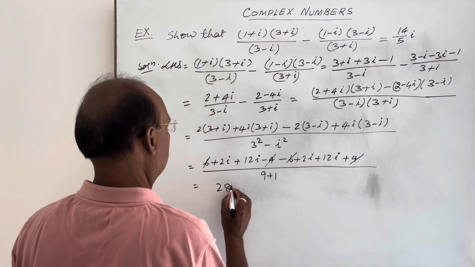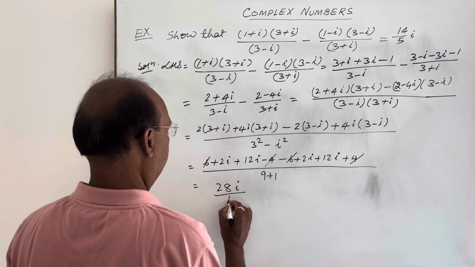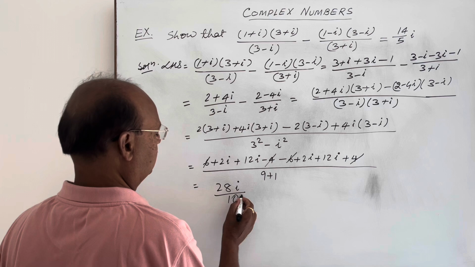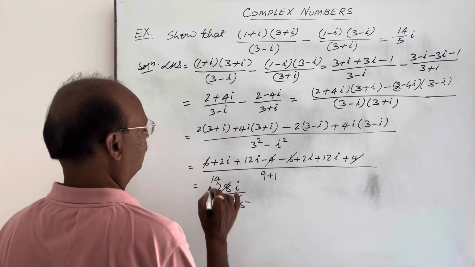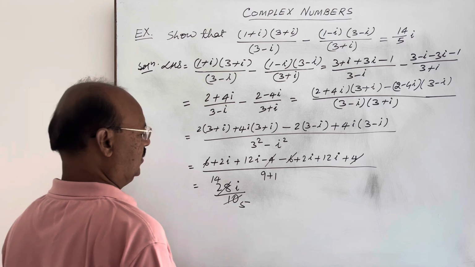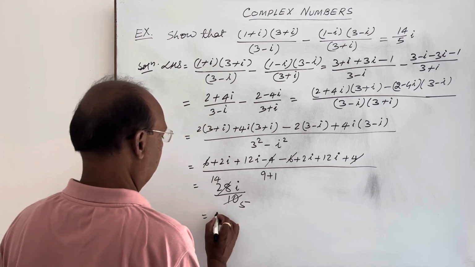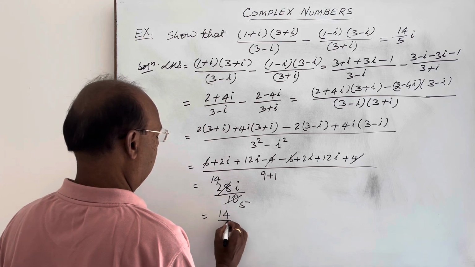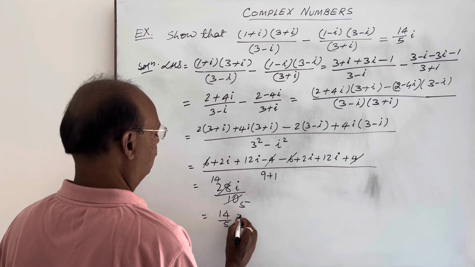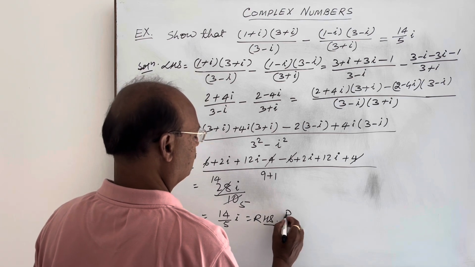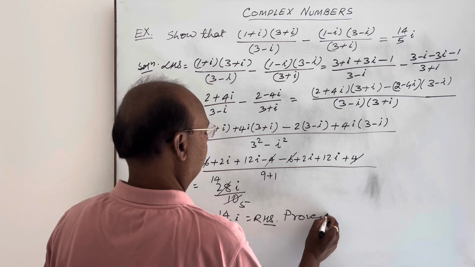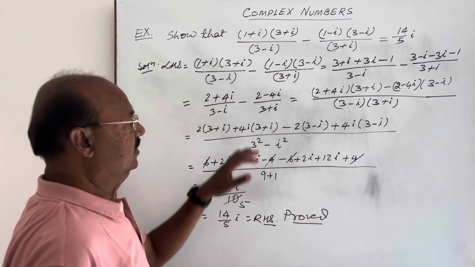So this is 28i divided by 10. Simplify, 5 twos are 10, 14 twos are 28. So this is equal to 14/5 into i. This is right hand side. So we have proved here. This question has been solved.